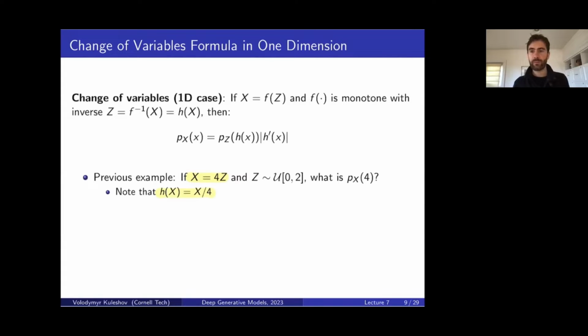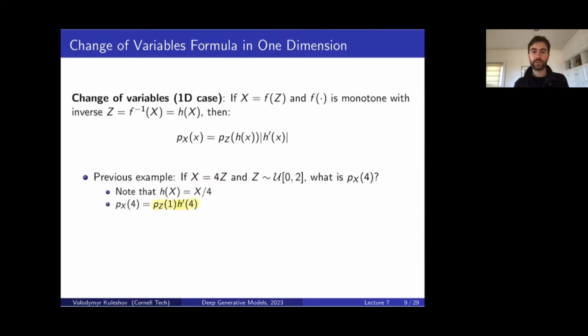The forward mapping f is 4 times z, therefore the inverse is x divided by 4, and therefore the probability of x is going to be the probability of the inverse of x. Here we divide by 4, so it's probability of z at 1 times this extra adjustment factor.